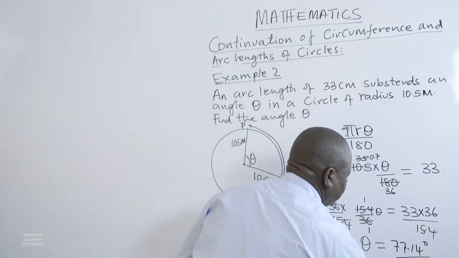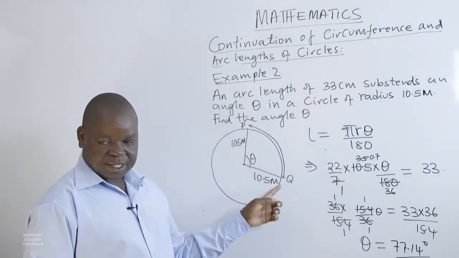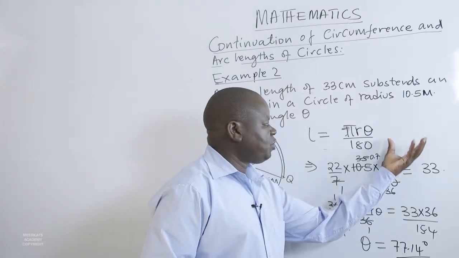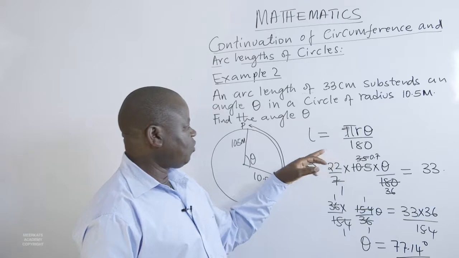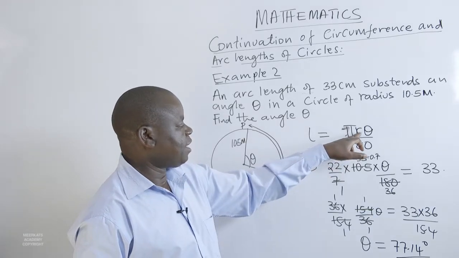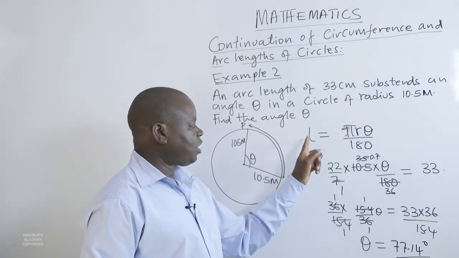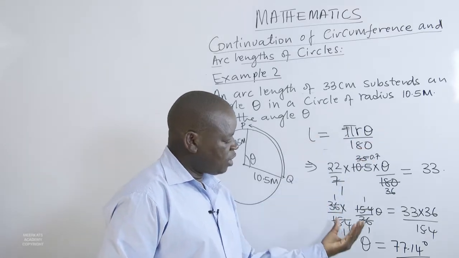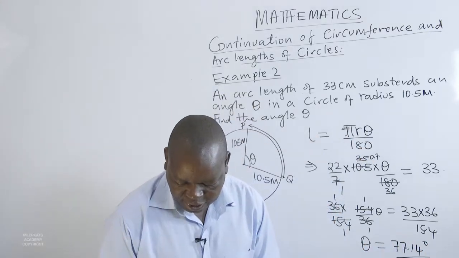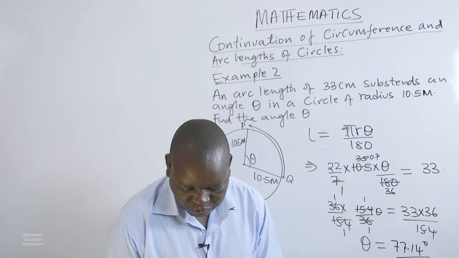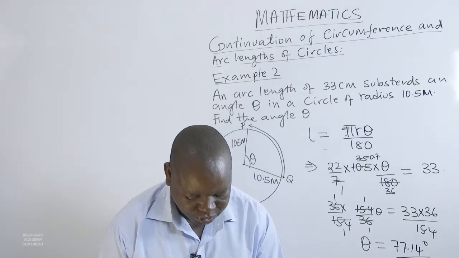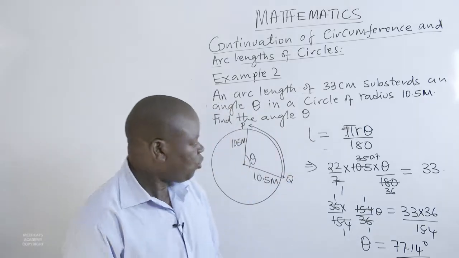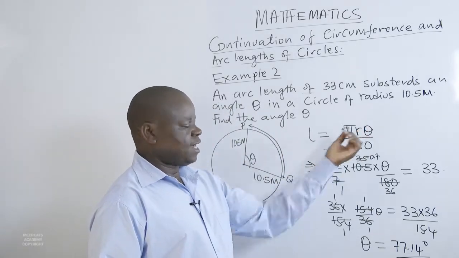That is the angle subtended by this arc length at the center of the circle. So we can also get the radius if we are given theta and L. So this is a general formula that will guide you to get any of the unknowns in this particular subtopic. So finally, let's look at the last example that will calculate R.